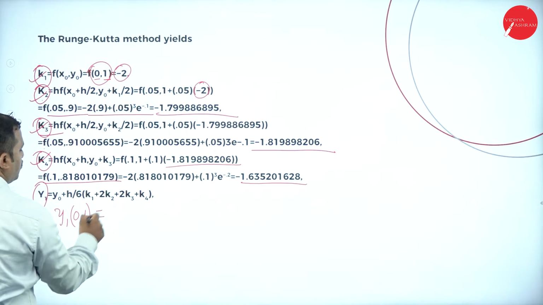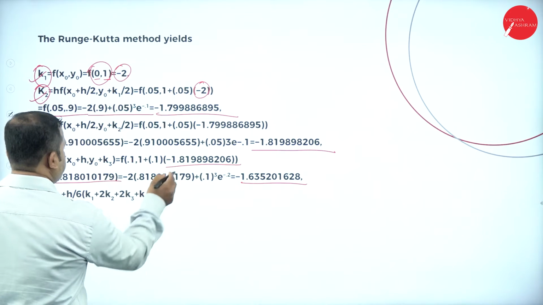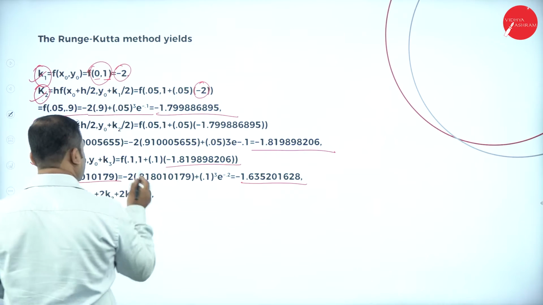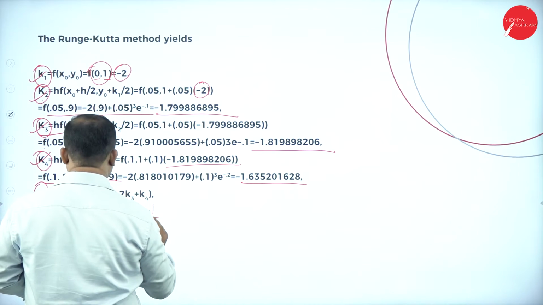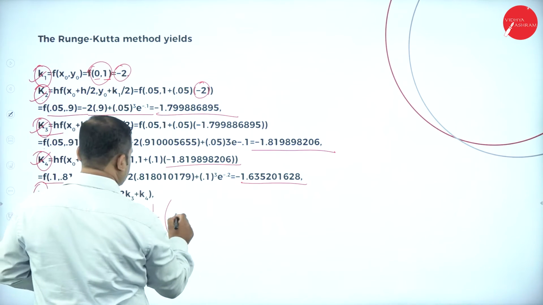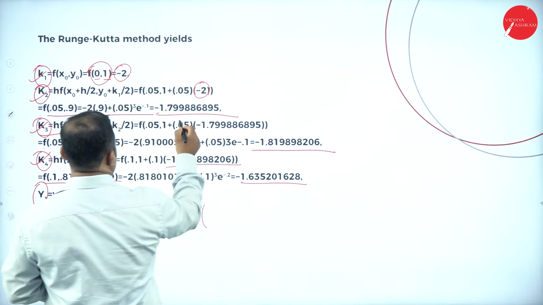What is the value of y1? That is y of 0.1, if I simplify these terms. y0 is equal to 1 plus h by 6, that is 0.1 by 6, into k1. What is the value of k1? That is minus 2 plus 2 times k2. What is the value of k2?